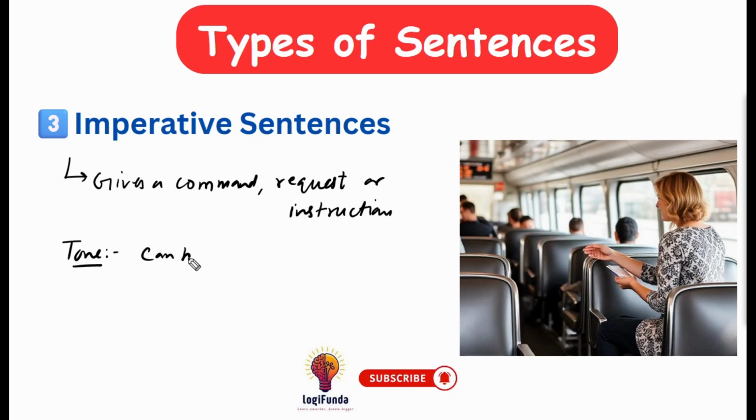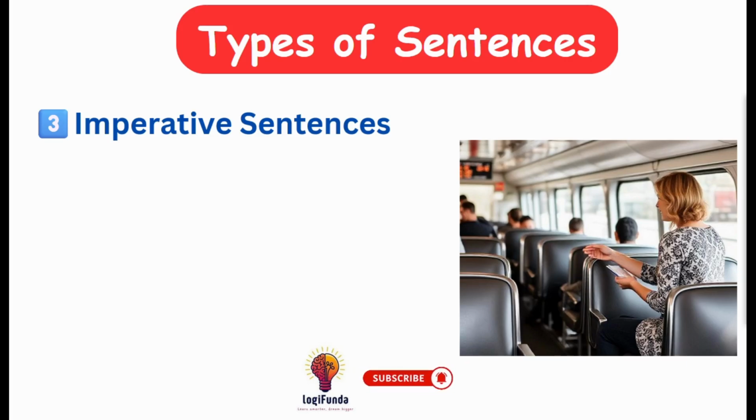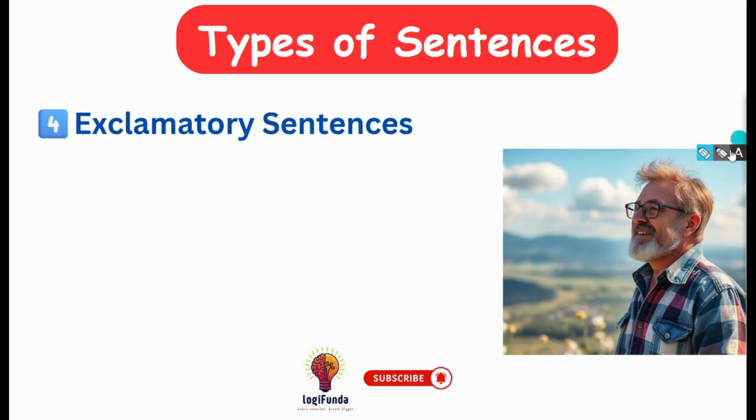It can be polite or direct when you give somebody a command. For example, you can see the picture here. Let's say you are giving a command or requesting someone, for example, please take your seat. These types of sentences are imperative sentences. Okay, let's move on to the next sentence.